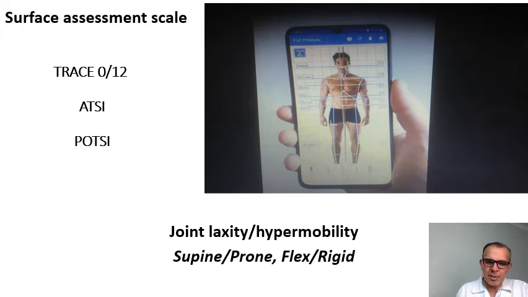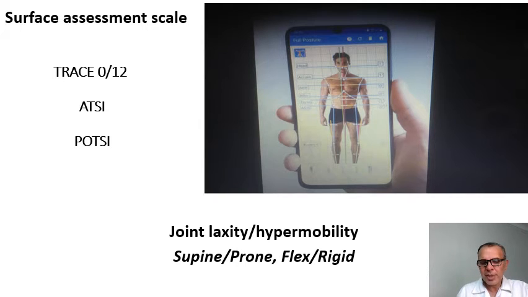Also, one of the most important things is we have to clinically assess the hypermobility of the joints and the joint laxity. How are this patient's joints and soft tissue behaving, or does he have any accompanying syndrome that is hidden and could also be determined by joint laxity testing?